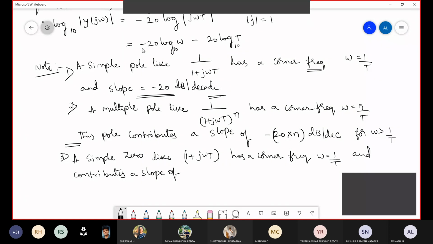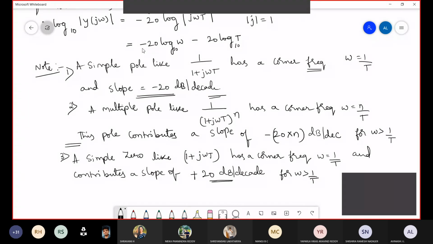When you consider 20 log of the modulus of Y of j omega, all terms are in the numerator only, and there is no concept of denominator. That is why everything comes out positive. Instead of minus 20 dB, it contributes plus 20 dB per decade. So for omega greater than 1 by t, the slope is plus 20 dB. For every zero, plus 20 dB; for every pole, minus 20 dB.